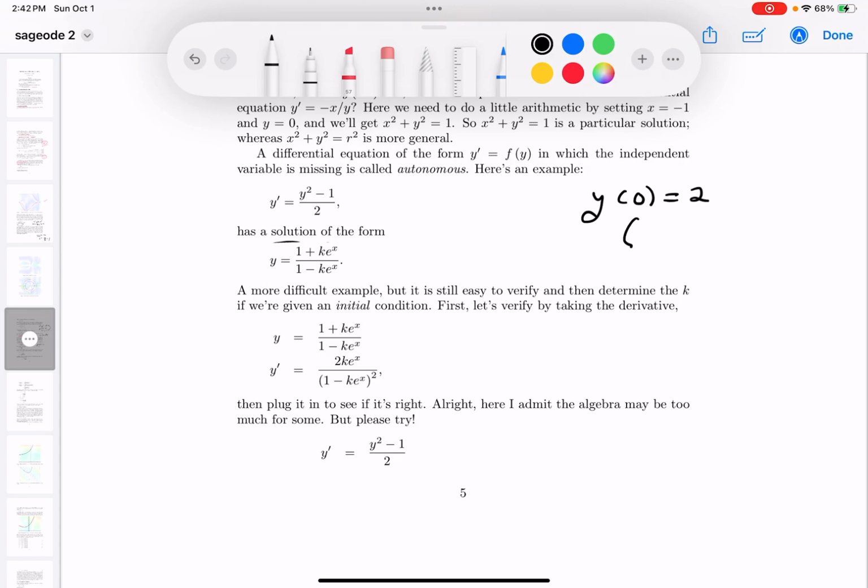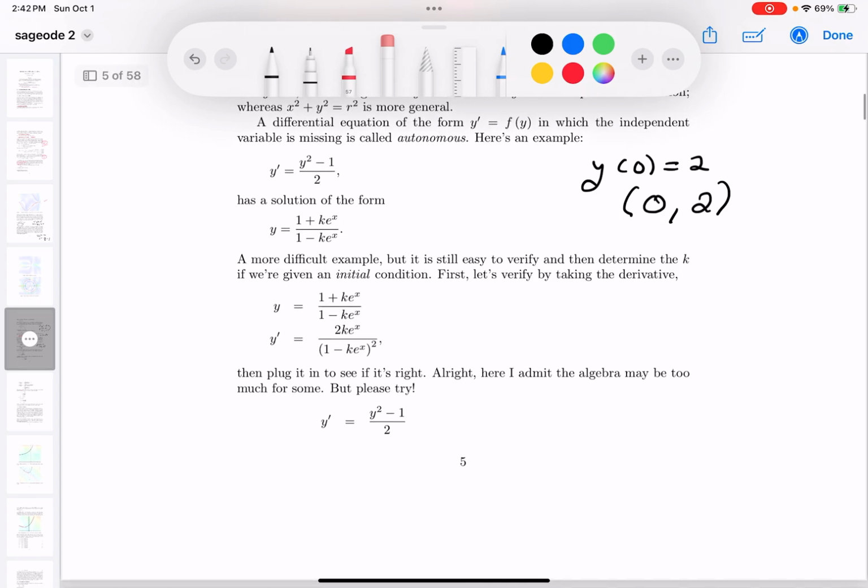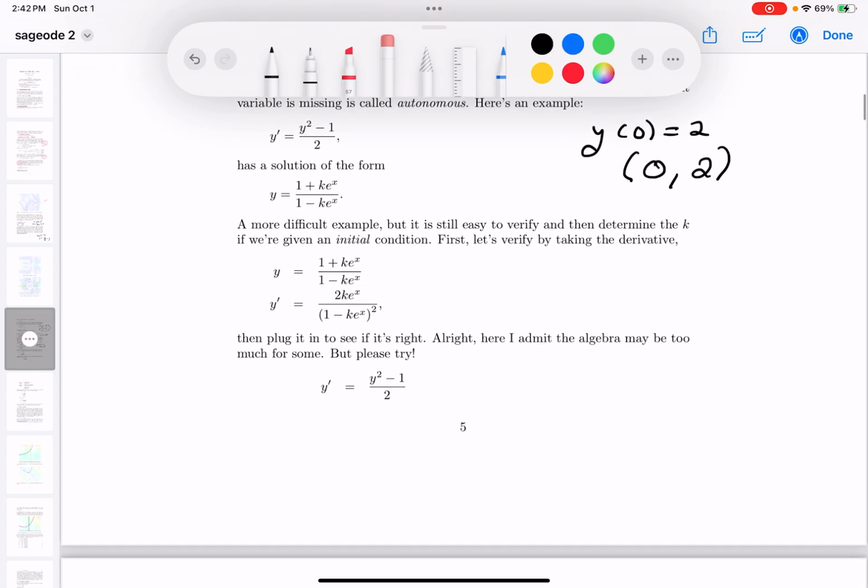Well, what I'm going to claim over here is if y0 is equal to 2, that means the x is 0, the y would be 2. And I think I can figure out the k now, which is going to give me a specific solution to the problem, not a general one. Okay, let's write this down. And what I'm trying to do is figure out what the k is.